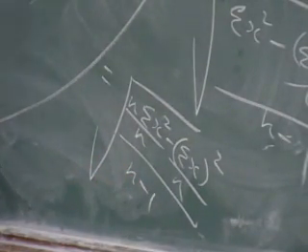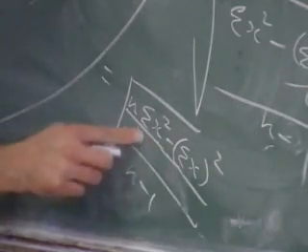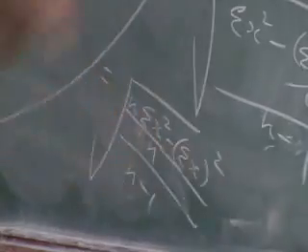But that's really like a over n minus b over n is the same thing as a minus b over n. You can just write the denominator once. So rather than write it twice, I'll just write it once. We're one step away.